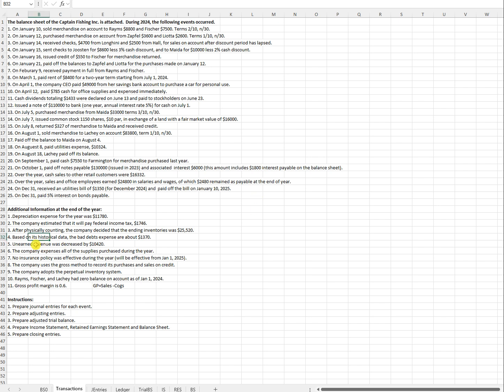And number 4, unearned revenues was decreased. So if unearned revenue was decreased, we debit unearned revenues and credit sales revenues. It increases our sales revenues. And number 6, the company expends all the supplies purchased during the year. So we're going to check what is the total supply amount.